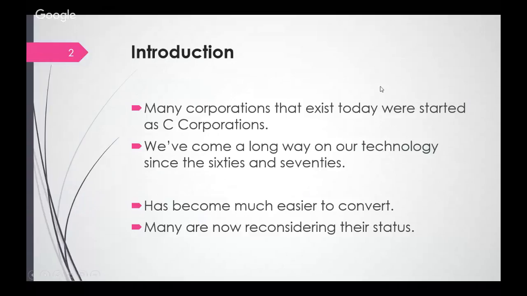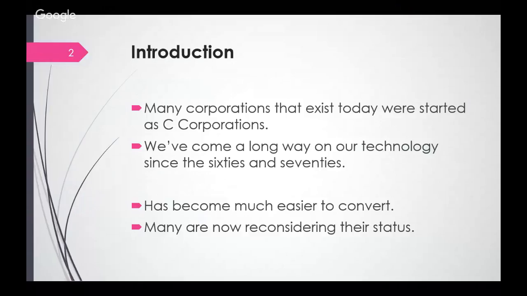And as we know, there are many businesses out there in the United States that are reconsidering their status. So if you look at your business and you're a C, or an S, or an LLC, or a partnership, how do you know? Well, go to your tax return. Look up in the left-hand corner. If you are filing a company tax return as an 1120, you are a C corporation.